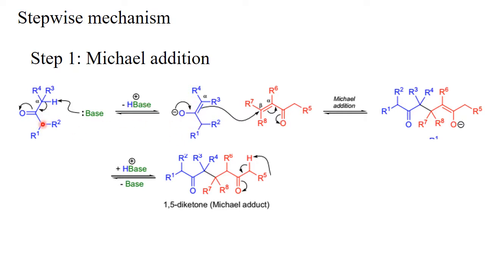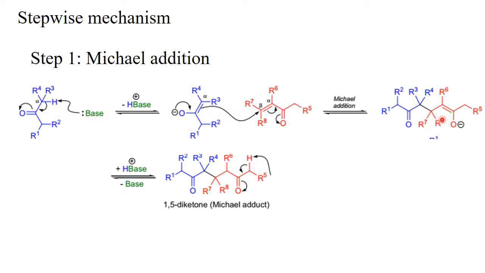The question is why the alpha protons are acidic. Alpha protons are attached to the alpha carbon and the alpha carbon is singly bonded to the carbonyl group. This carbonyl group has electron withdrawing ability. So it is an electron withdrawing group and has electron withdrawing inductive effect, or we can say it has a negative I effect.